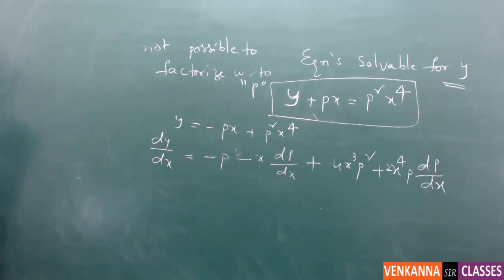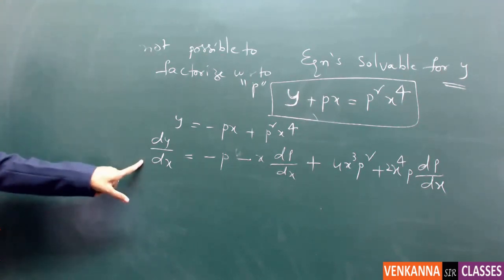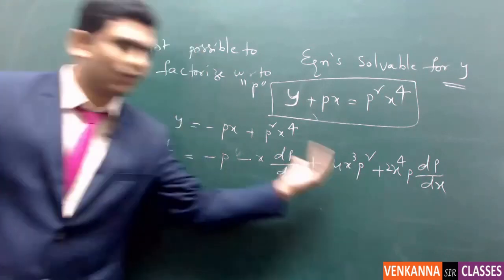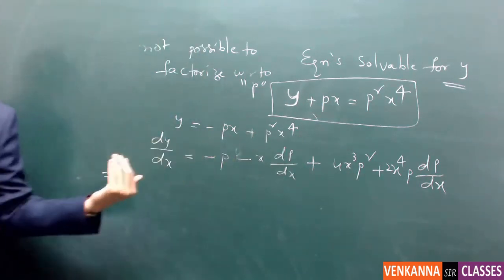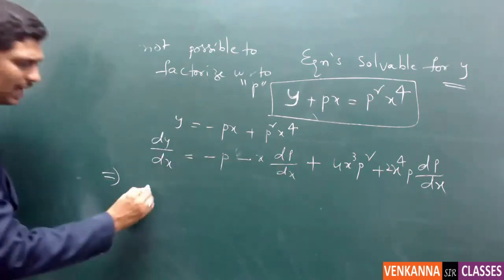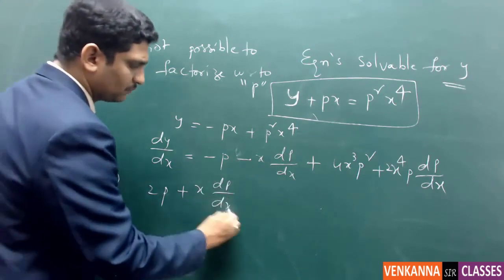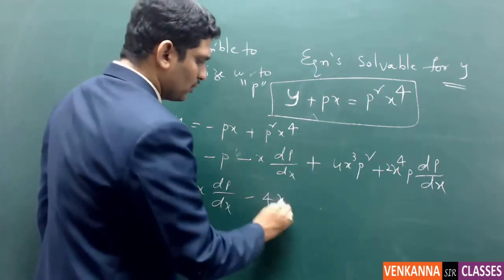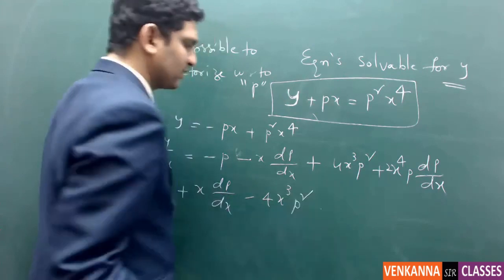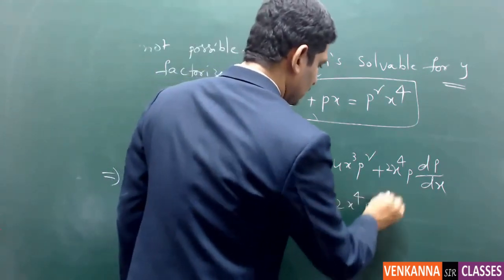Queries in the differentiation. Right. Now, dy by dx is nothing but p. So take all the terms to one side, either this way or that way, as per your convenience. I am going to bring these terms this side. So you have 2p plus x into dp by dx minus 4x cube p square minus 2x power 4 p into dp by dx.